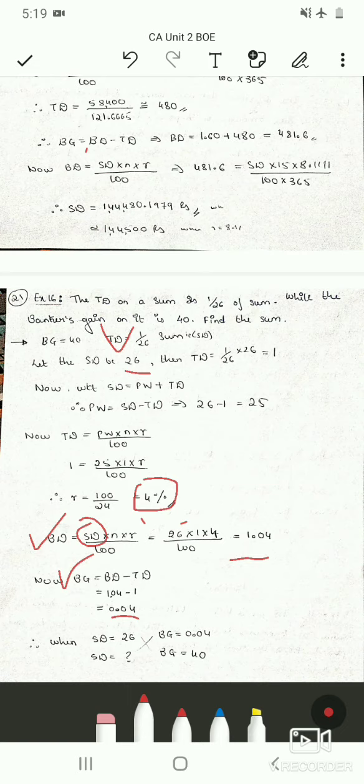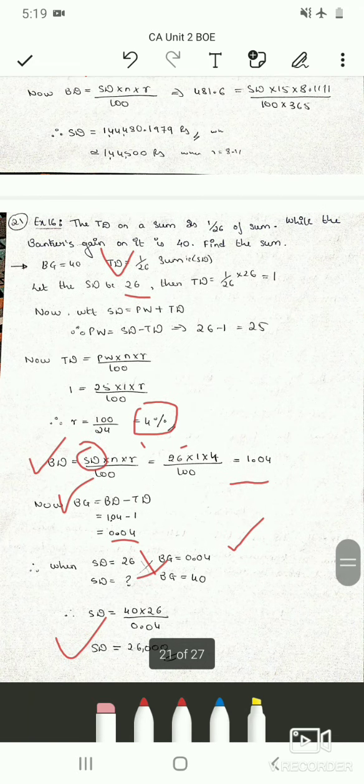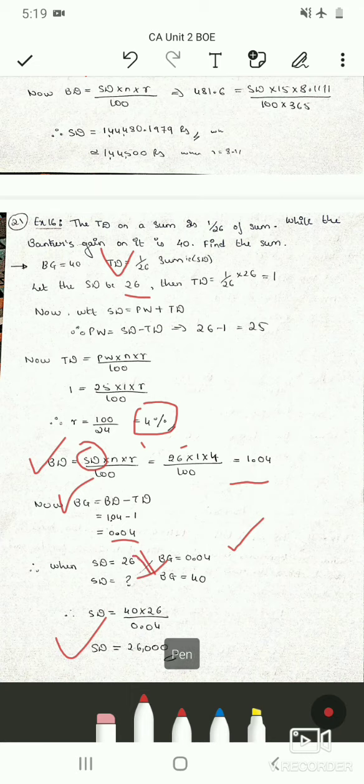So the banker's gain is 0.04. Therefore when the sum due is 26, the banker's gain is 0.04. Then what will be the sum due when the banker's gain is 40? Then cross multiply, or by using rule of 3, the sum due will be 26,000 rupees. You can use rule of 3, but this is very simple by cross multiplying.